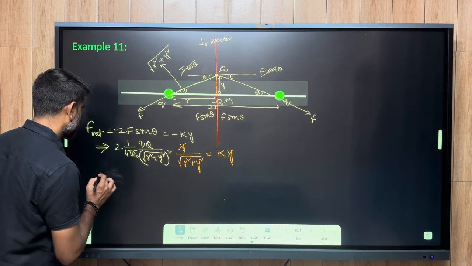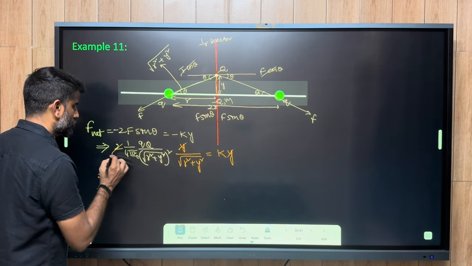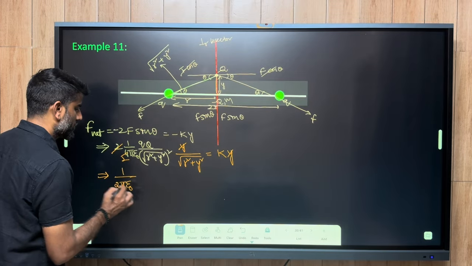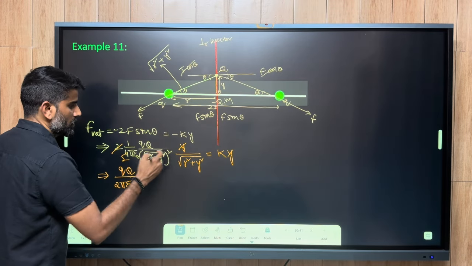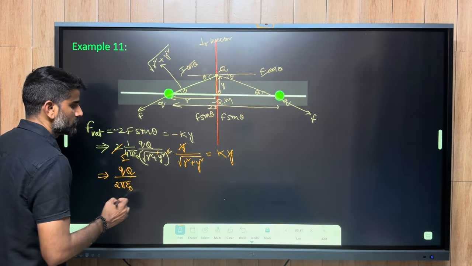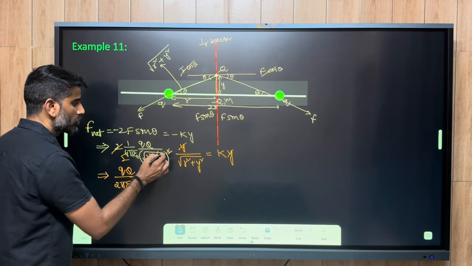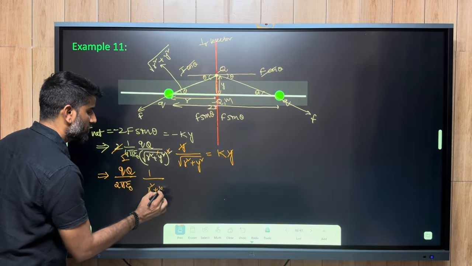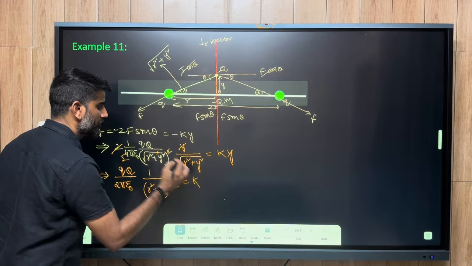Now I am going to simplify even further. So 2 2s are 1 by 2 pi epsilon naught q, capital Q, square root gets cancelled, and there is r square plus y square whole to the power 1 by 2, here whole to the power 1, that means 1 by r square plus y square whole to the power 3 by 2 is equal to k.